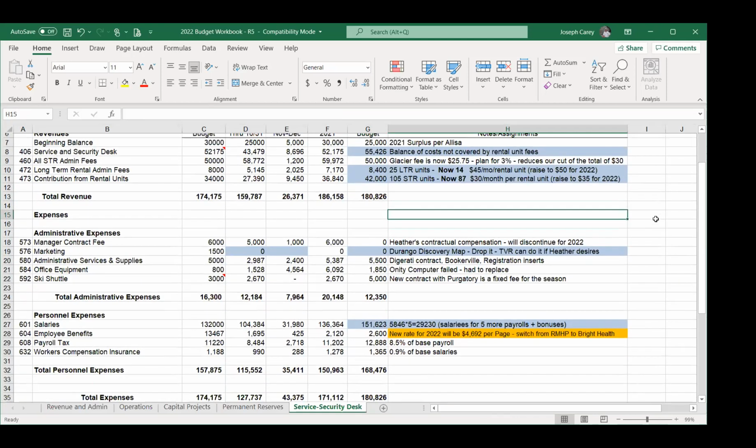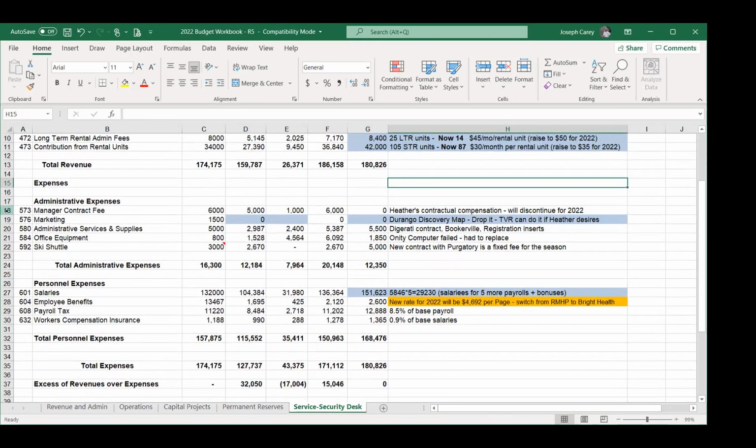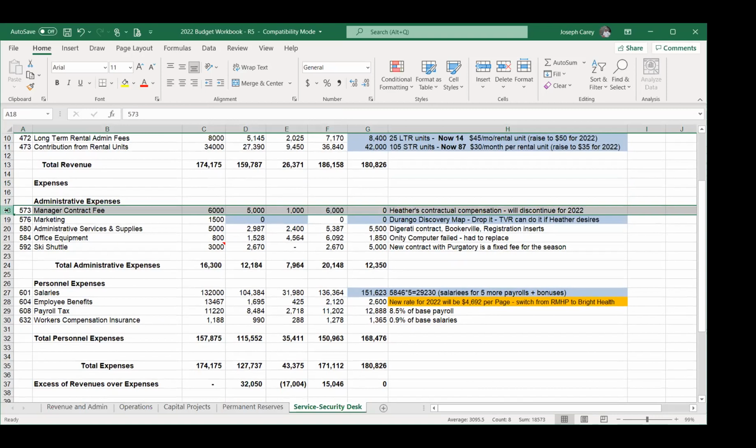Okay, so administrative expenses. Heather Dawson's involvement in our operation has been reduced to the point where she's basically just managing her own inventory. So we're discontinuing her contractual cash compensation this next year.